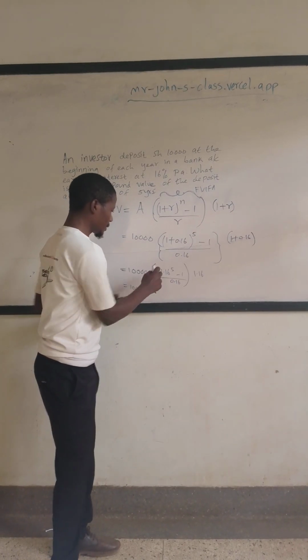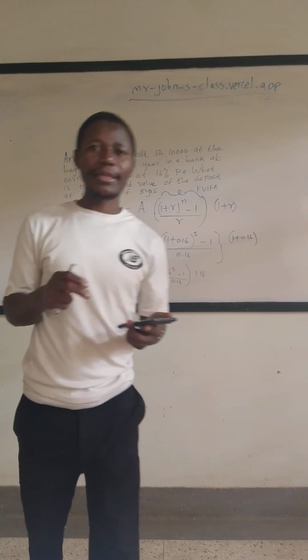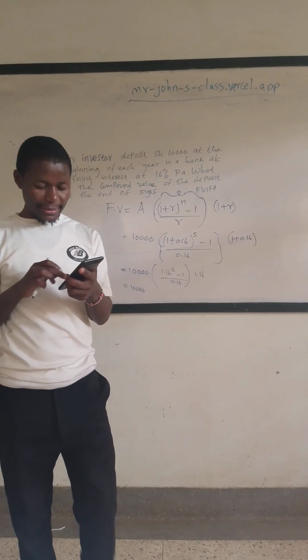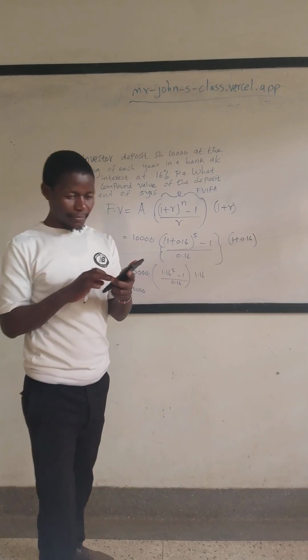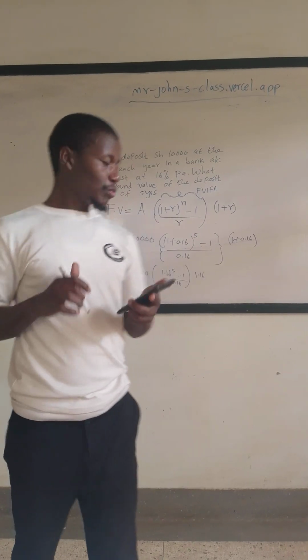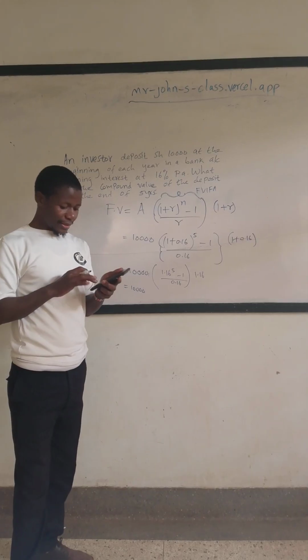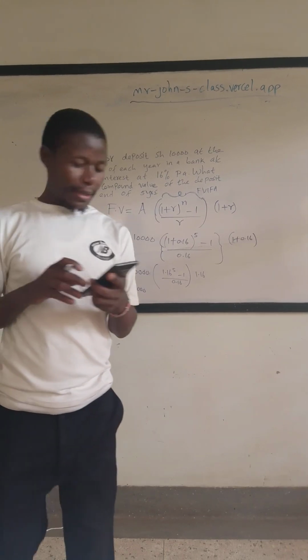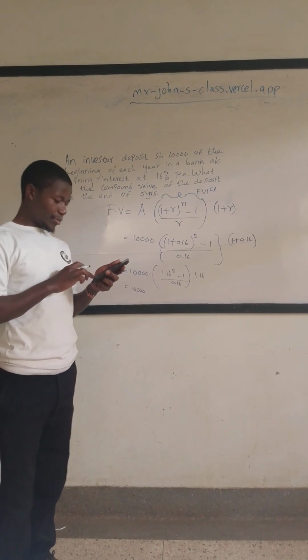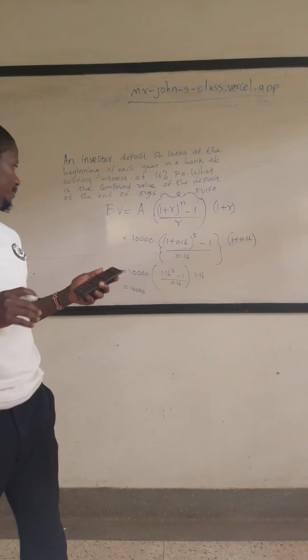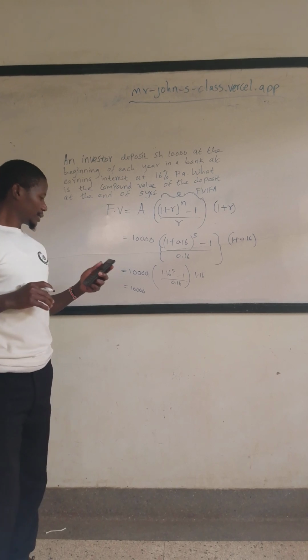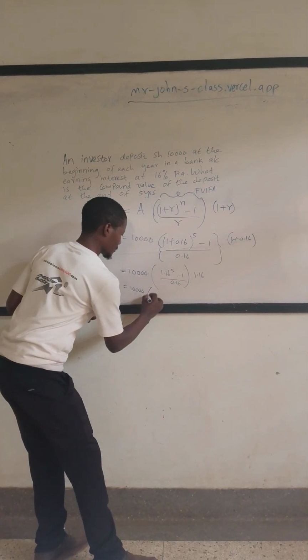So use your calculator to get the value of 1.16 raised to power 5. That gives me 2.1. If I take away 1, and then divide by 0.16, I'm going to get 6.877.